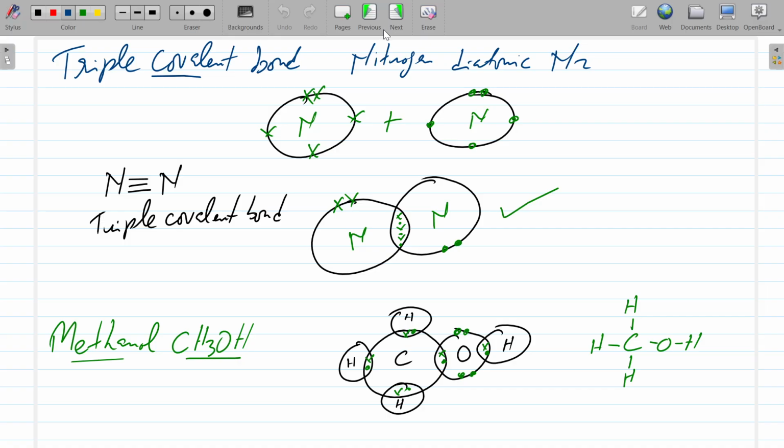And you even have cases of three covalent bonds, a triple covalent bond. An example of that is a diatomic nitrogen molecule. So there are three pairs of electrons being shared between the two nitrogen atoms.